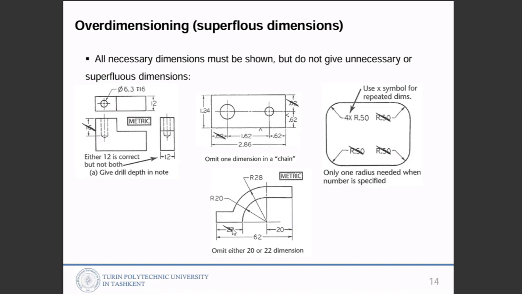And if you add 22 here, that's wrong, because we already know this: 20 is 20, 62 we have, and 20 we have already. From 60 minus 20 we have 42. From 42 minus 20 again 22 we already have, so you don't need to add it here.